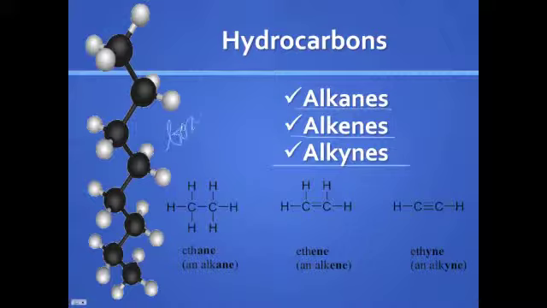The bond is in between the carbon atoms. The alkanes have all single bonds, the alkenes have one double bond, and the alkynes one triple bond. Alkenes and alkynes may have more than one bond, but they must have at least one double bond or one triple bond.